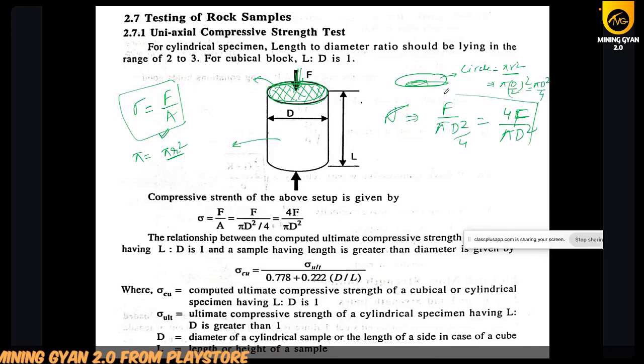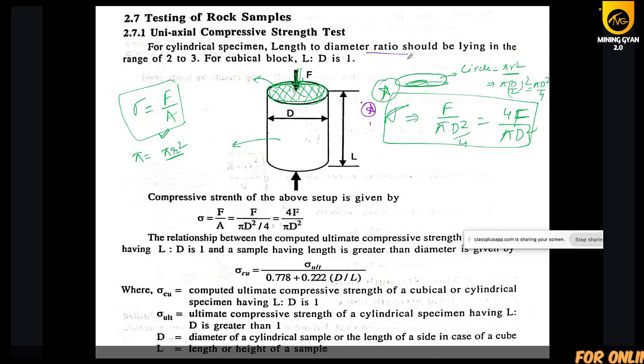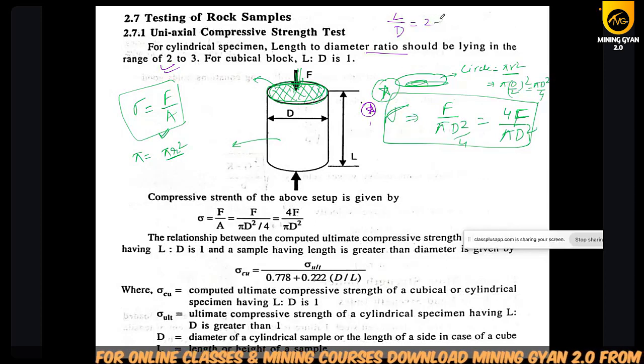So if you want to remember the formula directly, then remember. Otherwise, you can also calculate this formula. So for the cylindrical specimen, the length to diameter should be lying in the range 2 to 3. So in the testing of the rock mass, uniaxial compressive strength, the length to diameter should be 2 to 3.